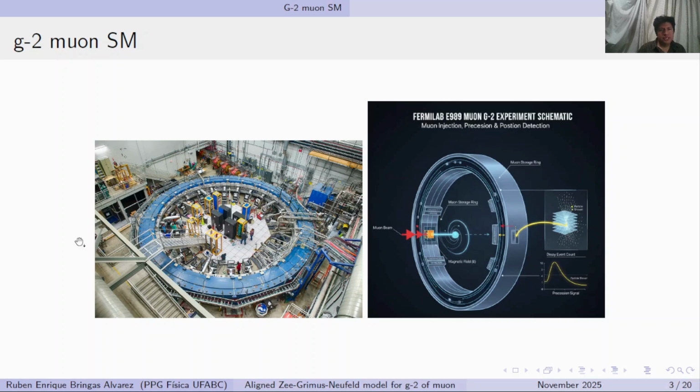Inside this ring, we have a magnetic field, and the muon immersed in this magnetic field makes a circular movement until the muon decays into a positron, and this positron is captured by the calorimeter, and we measure the frequency, the Larmor frequency. We can relate it with g-2 and also compare it to the theoretical value.